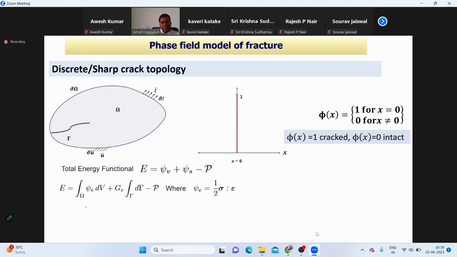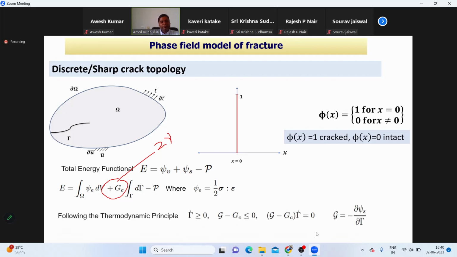Similarly, the surface energy of the body is nothing but total surface area multiplied by the Gc, which is critical energy release rate. This Gc is equal to 2 times gamma. Once the body overcomes the critical value of the Gc or a surface energy, the crack will propagate. So the energy associated with the crack area is Gc multiplied by the surface area of the crack minus P, the load applied.